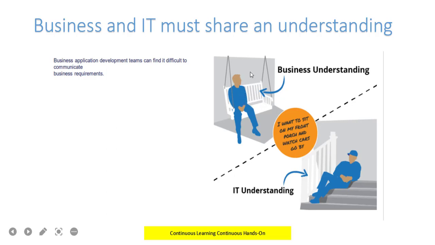How is the business understanding it? They want to sit with someone, swinging, with open hair, and watch the particular cars going out. This is how the business wants that particular requirement in their application. Now IT is understanding it in this way.